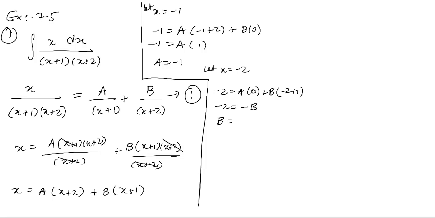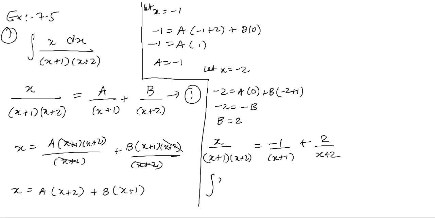So you can see that the value of b is 2. Keeping these values in this equation, I can write x upon x plus 1 x plus 2 as minus 1 upon x plus 1 plus 2 upon x plus 2.